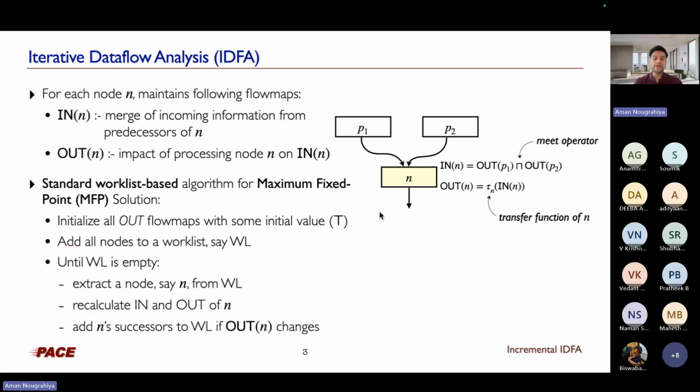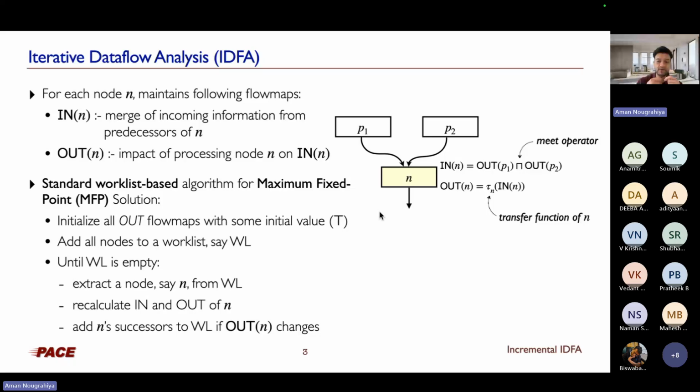And in order to obtain the most precise yet complete solution, also called the maximum fixed point solution, we employ a standard worklist based algorithm where we initialize the outflow map of all the nodes with top, which is some initial value, add all the nodes of the control flow graph to the worklist, and then take each node one at a time until the worklist is empty.